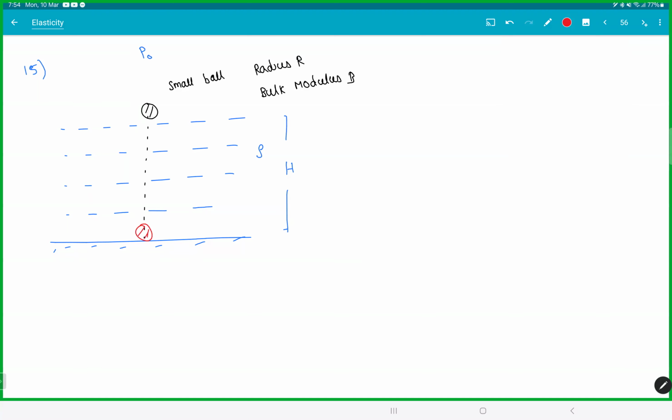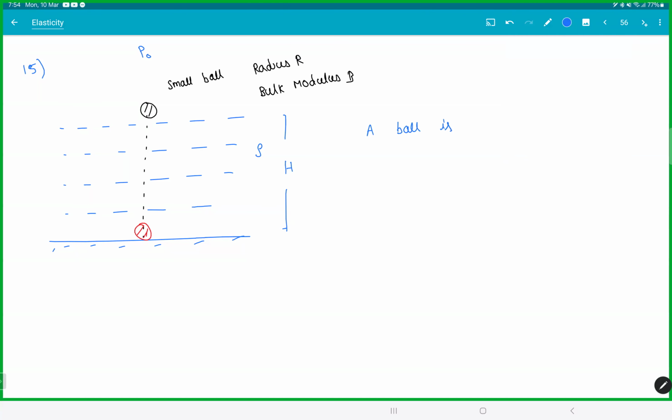When this thing is dropped into the liquid, because the pressure is more inside, the ball will get compressed. Find the change in radius of the ball. Fluid mechanics and bulk modulus, everyone. The ball is dropped into a lake of depth H. Because of the pressure of the liquid, the ball gets compressed. Find the change in radius, delta R, at the bottom of the lake.